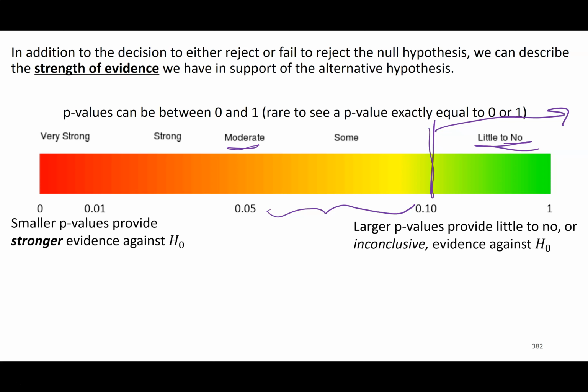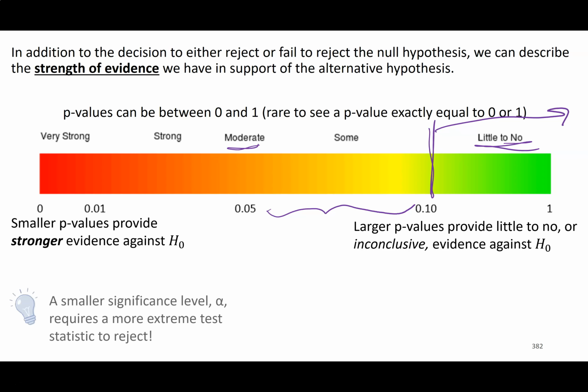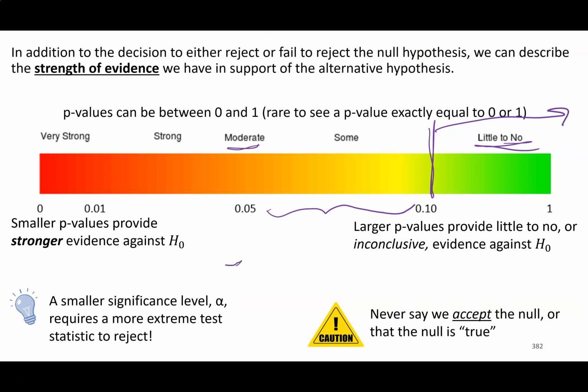So smaller p-values are stronger evidence against the null. Larger p-values provide little to no or inconclusive evidence. In general, you have to get a more extreme test statistic the tinier your significance level gets. And you never want to say accept the null.